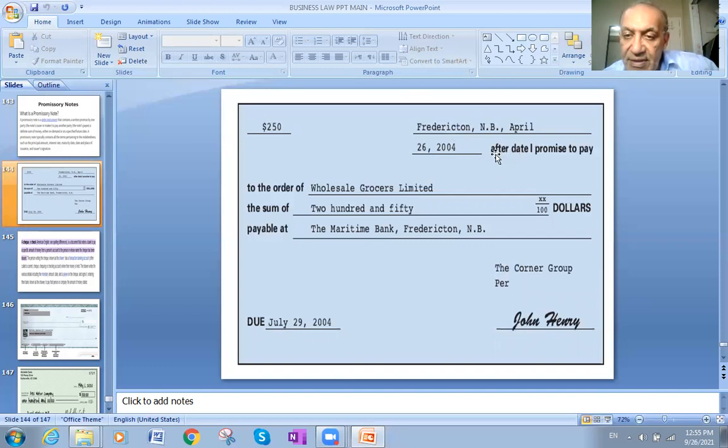After date, I promise to pay to the order of, here is to whom I owe, the sum of 250 as an example, payable at the Maritime Bank. So the place to pay is here. Then I will sign, and the date due.